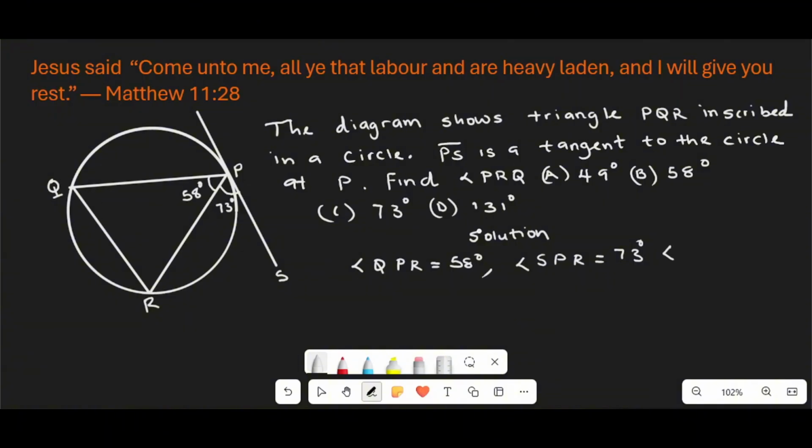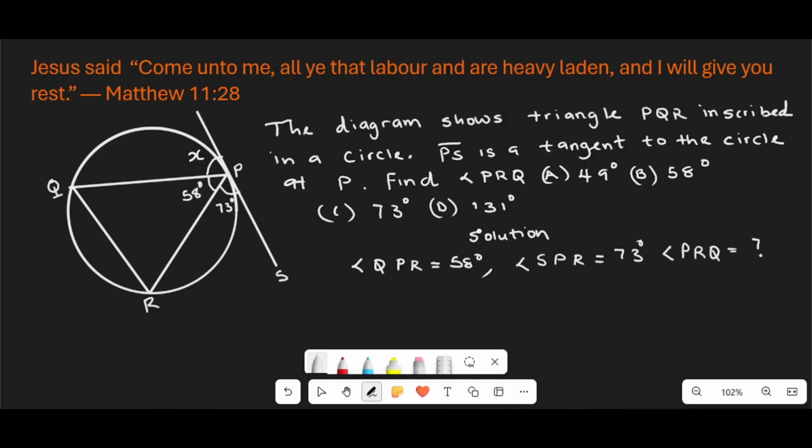Angle PRQ is currently unknown. Angle X, angle QPR, and angle SPR are angles on a straight line, and the sum of angles on a straight line is equal to 180 degrees.